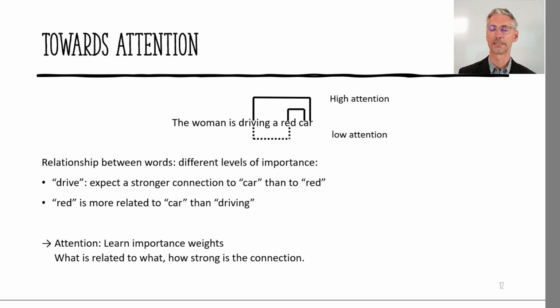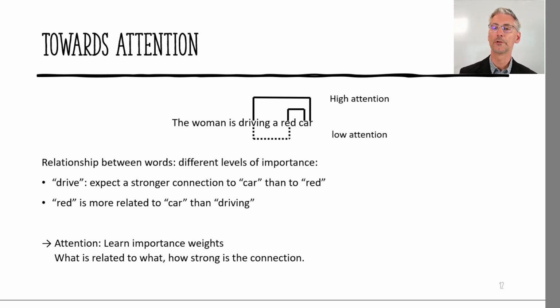This is something we would call high attention. Also, driving and car are quite closely related because the car needs to be driven, or maybe even drive itself in the future. But driving and red are not so much related. You can drive a blue car, for example, and it wouldn't make much of a difference to the sentence.